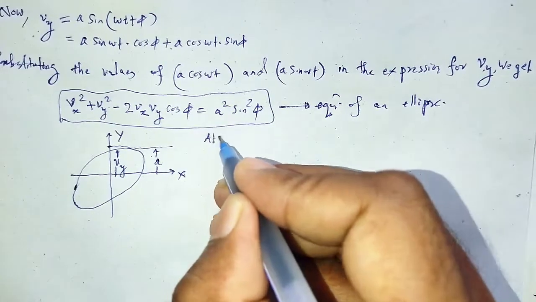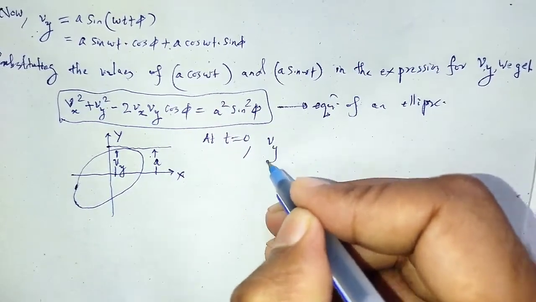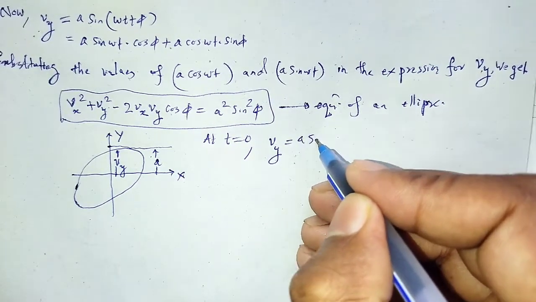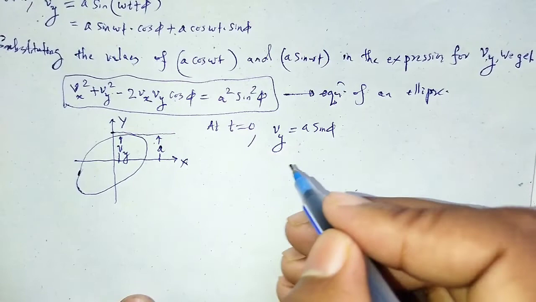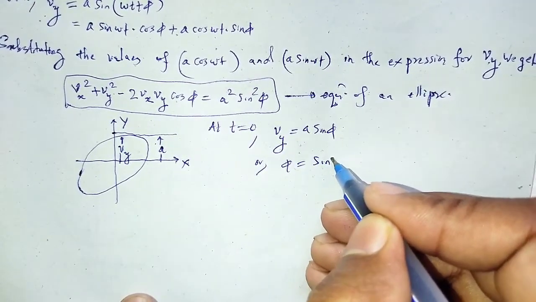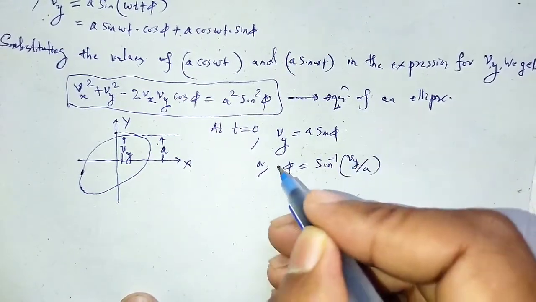So at the initial time t equals 0, Vy is equal to a sin phi, therefore phi is equal to sin inverse of Vy by a.